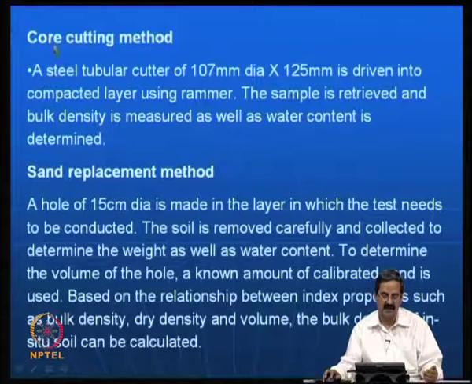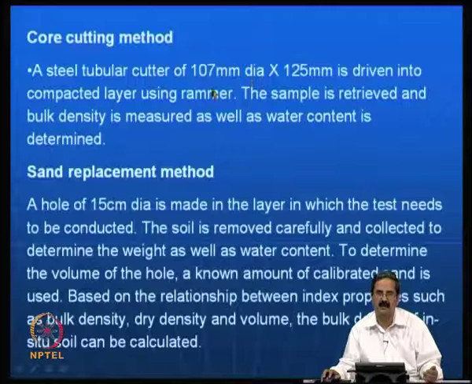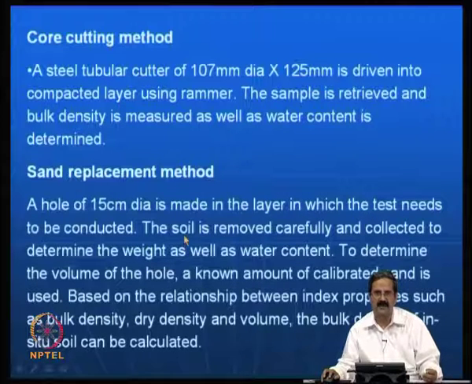As I just mentioned, in the core cutter method, you have a steel tubular tube of about 107 mm, and you have these specifications. You try to drive it into the compacted layer using a rammer, and then the sample is retrieved and the bulk density is measured. As I just mentioned, you know the basic fundamental properties and one can calculate. The same is true of the sand replacement method, in which you have a hole of about 15 centimeters diameter, and you make that hole in the layer in which you need to conduct the test.